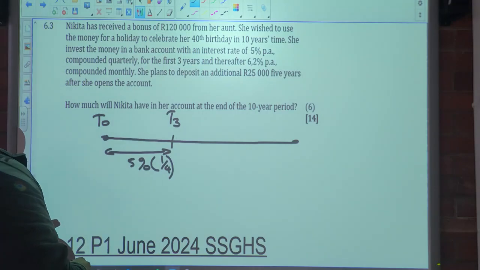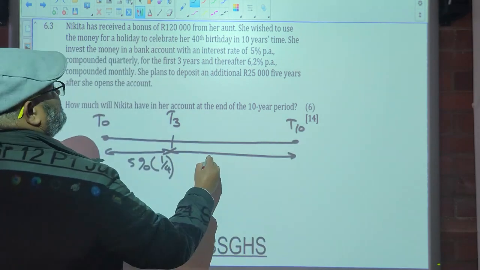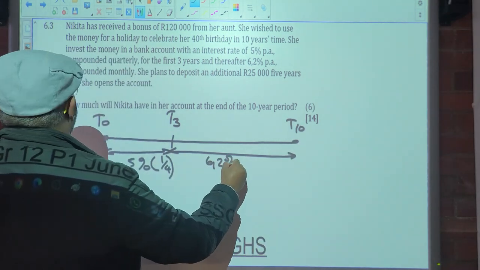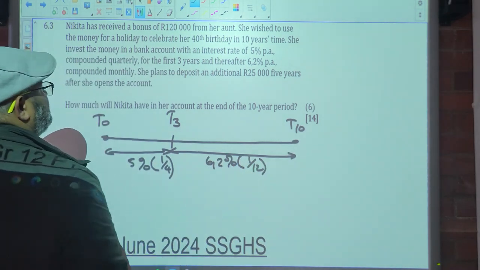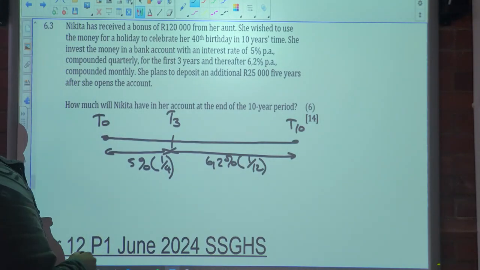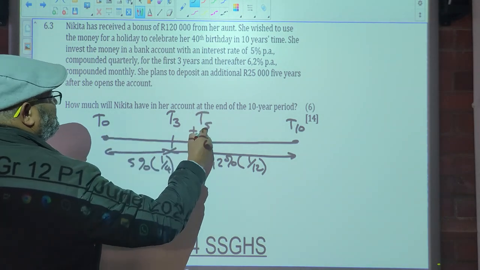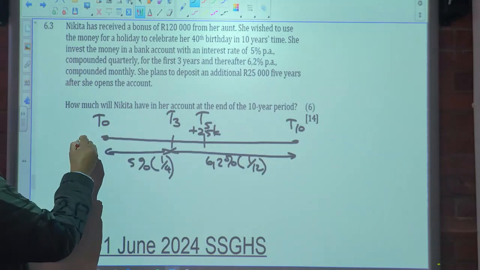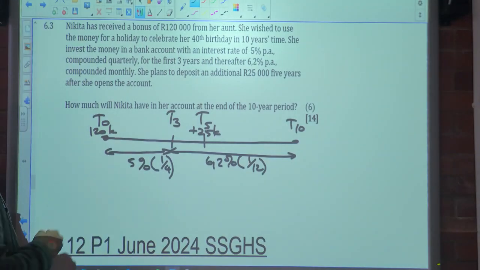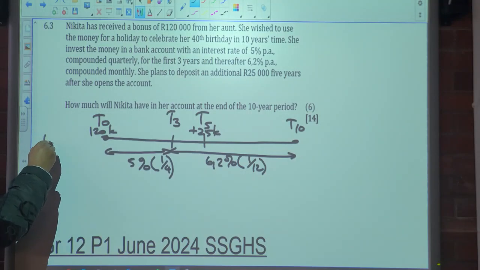Then after that it is 6.2% per annum compounded monthly, which takes you to T10. She plans to deposit an additional 25,000 five years after she opened the account, so it's going to add 25k. The initial amount is 120,000. How much will Nikita have in the account at the end of the 10-year period?